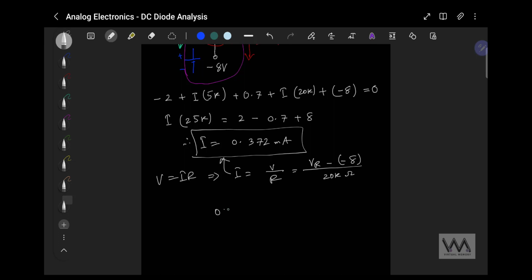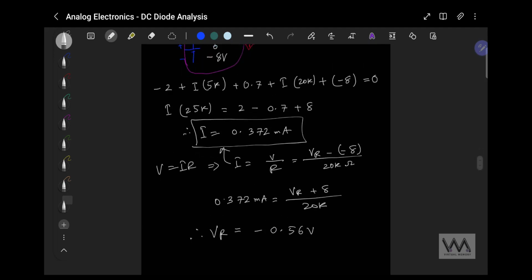So we can write 0.372 milliamp equals VR plus 8 over 20K. So VR equals, let's put this in the calculator and find the value. We get negative 0.56 volt.